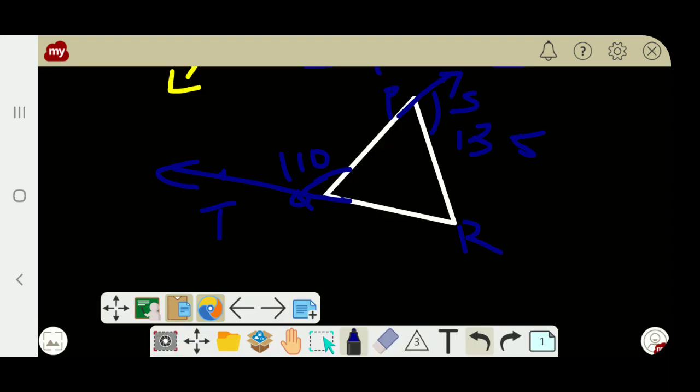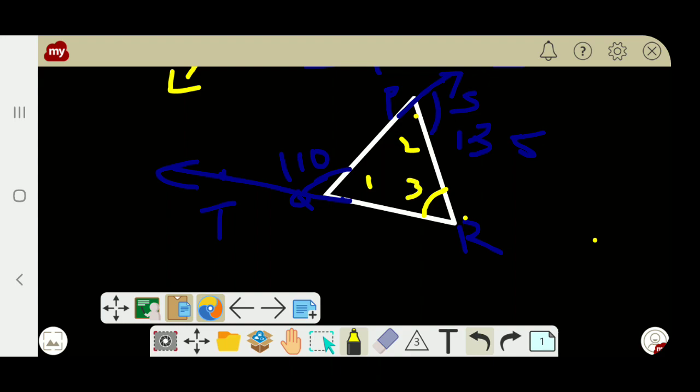Identify PRQ. Angle PRQ means this is the middle one. Yes, dear children, from this we can take two exterior angles. To find that out, we can name these angle 1, angle 2, angle 3.